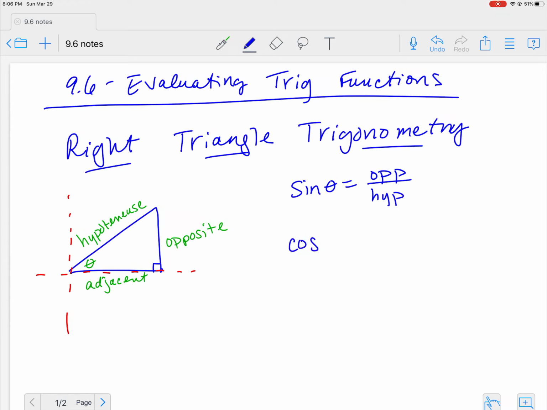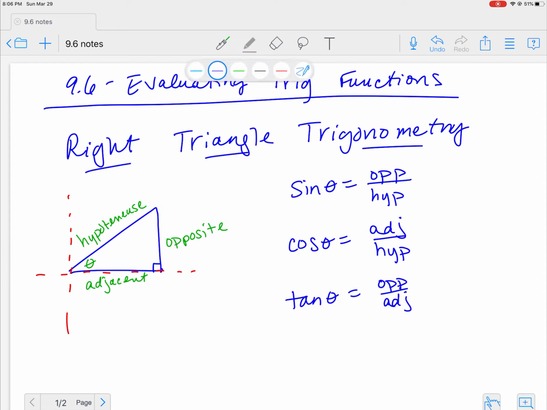So sine of theta for right triangle trig is opposite over hypotenuse. Cosine of theta is adjacent over hypotenuse, and tangent of theta is opposite over adjacent.